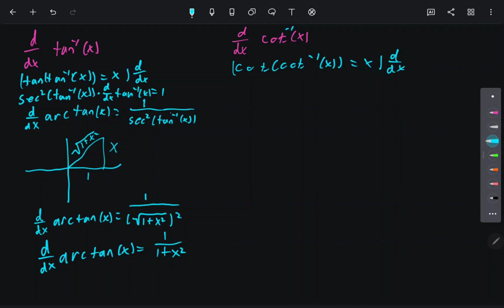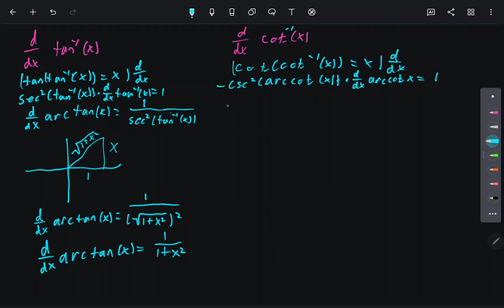Well, the derivative with respect to x of cotangent, that's negative cosecant squared of cotangent inverse, which for all intents and purposes I'm going to call arccotangent. A lot of c's. Of x times the derivative with respect to x of arccotangent of x is equal to 1.